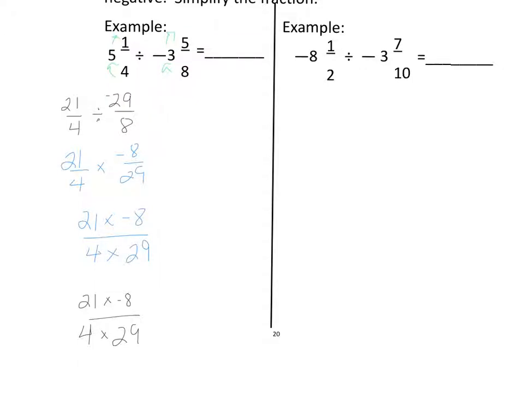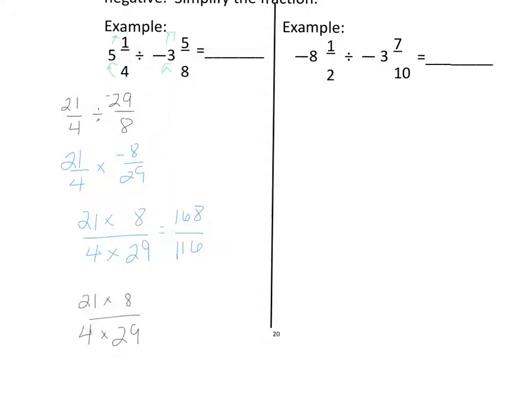Now we have 21 times 8, and that gives us 168. And then we have 4 times 29, and that gives us 116.